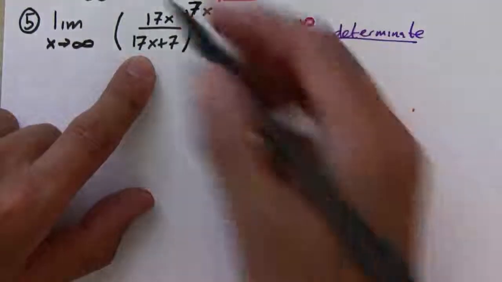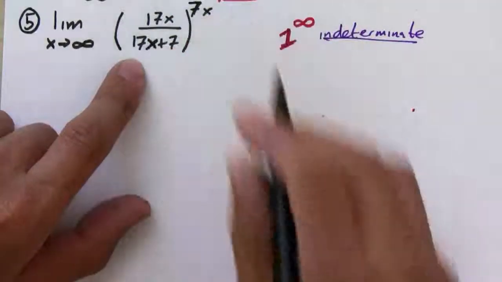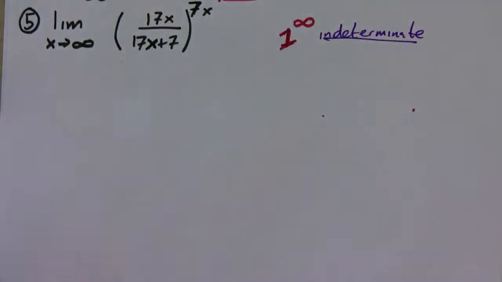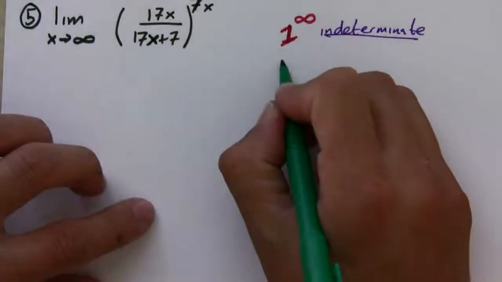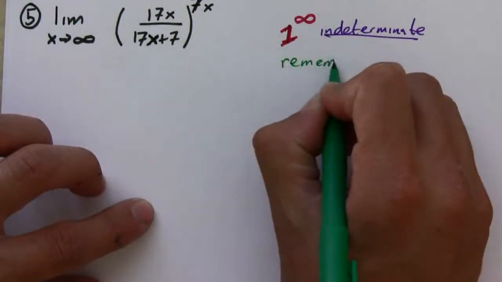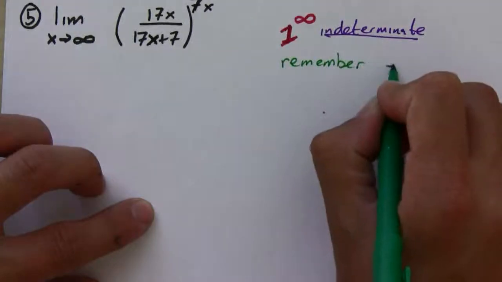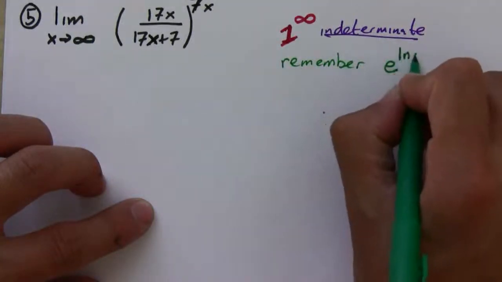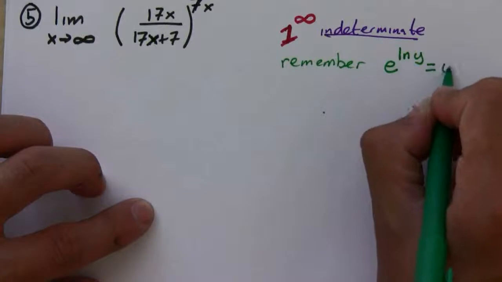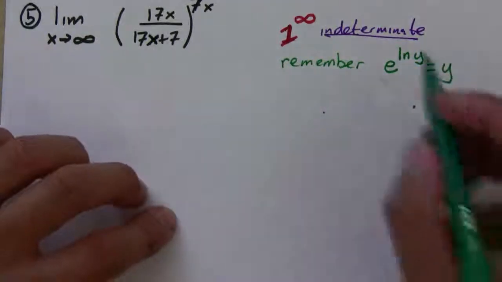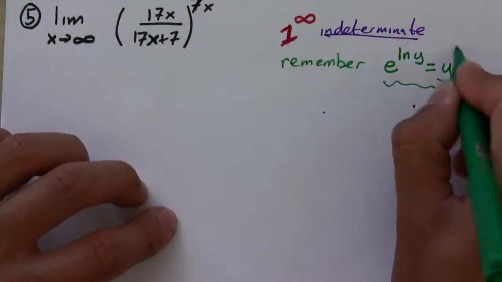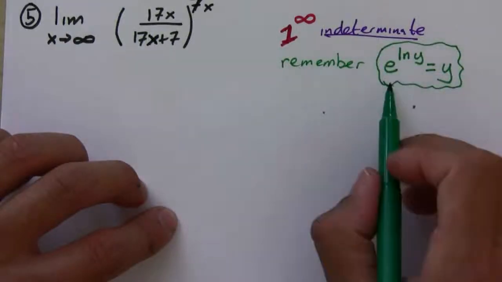Now this isn't a derivative problem, but we can apply the same idea. So let's remember something: e to the natural log of y is equal to y.